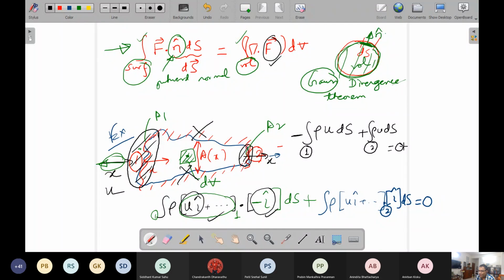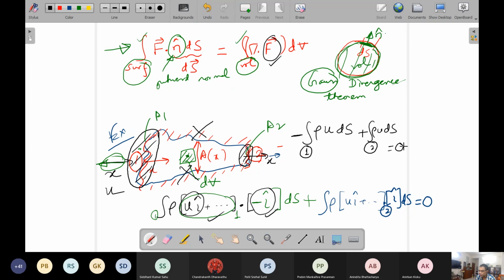So now we will make certain assumptions. So far we have made two assumptions. One assumption is steady flow. The second assumption is that the surfaces across which the fluid flow is occurring have one common normal direction, which is x.